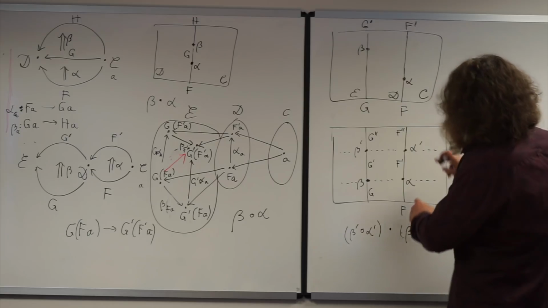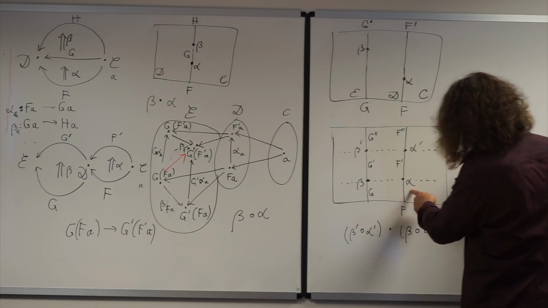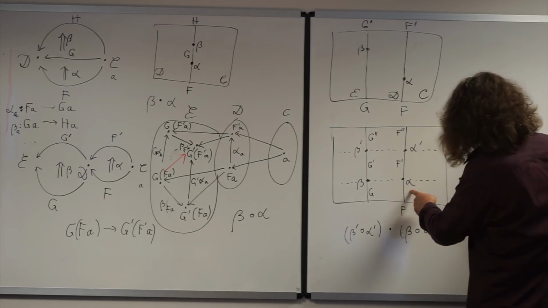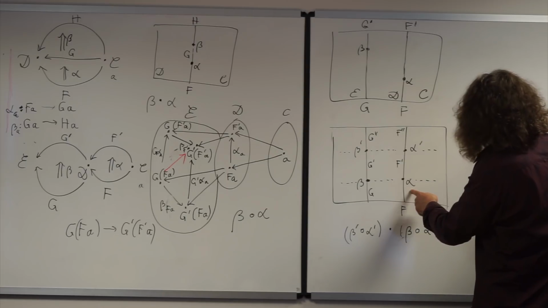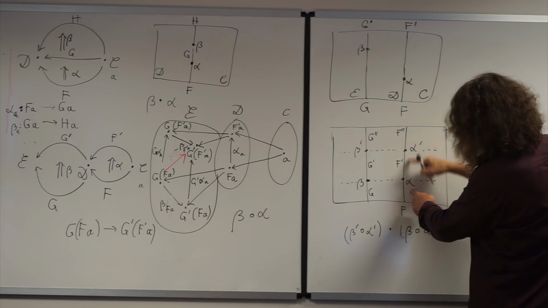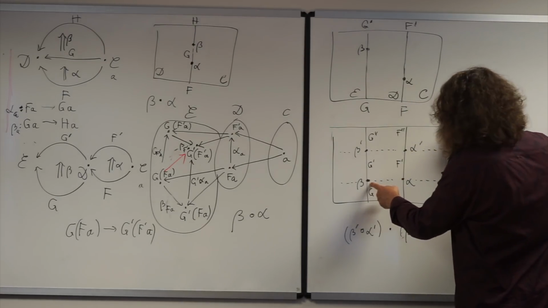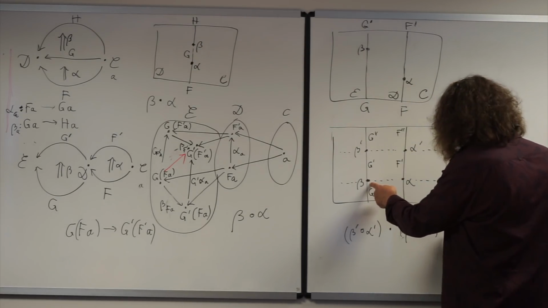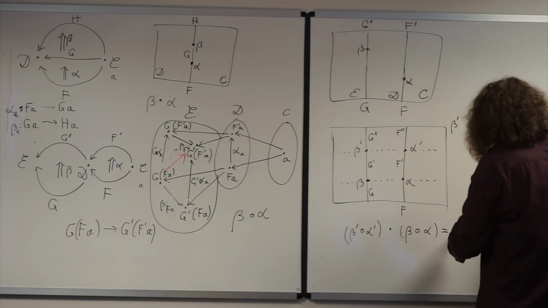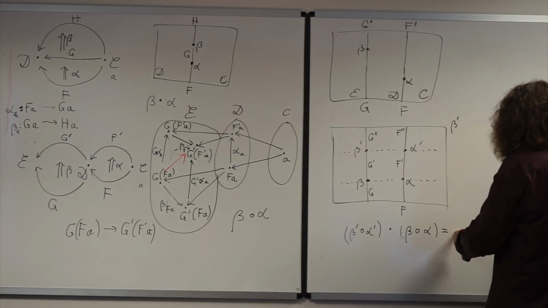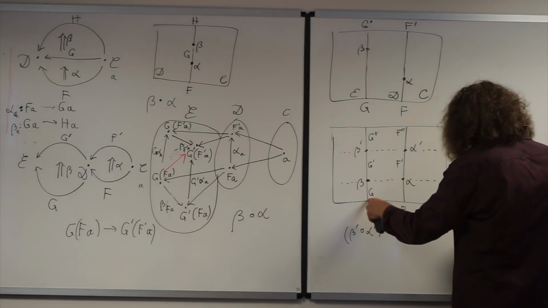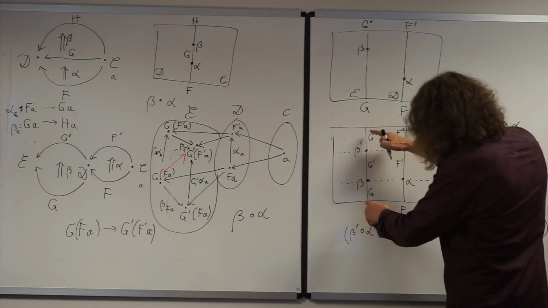But I can also interpret this differently. I could say, well, what is this? This is alpha prime composed vertically with alpha, right? And this is beta prime after beta composed vertically.